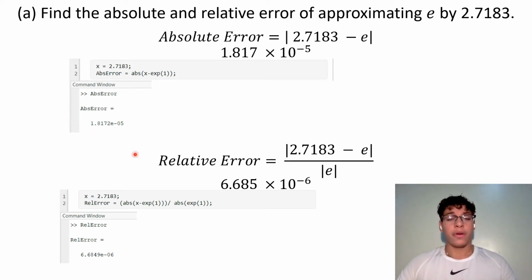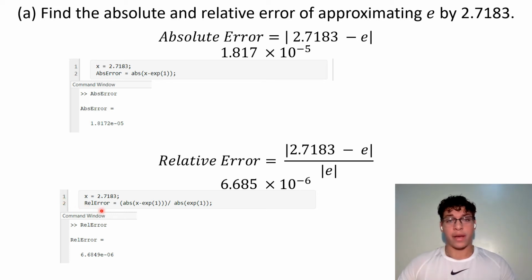For the relative error, it would be just basically using the absolute error and dividing it by the absolute value of the Euler's number. And we would go over to MATLAB and assign x to 2.7183.